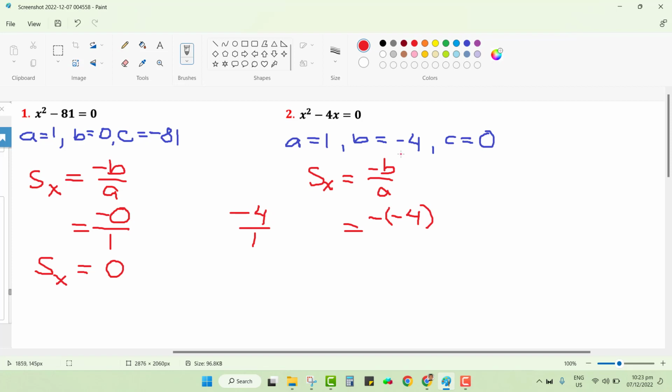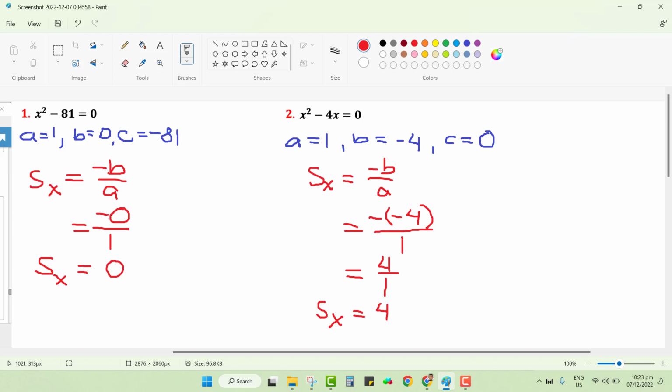Since our b coefficient is negative 4, we need to use this parenthesis, and this would be divided by the a coefficient, which is 1. Here, we will use the double negative property to make it positive 4 over 1, and hence the sum of the roots is positive 4.